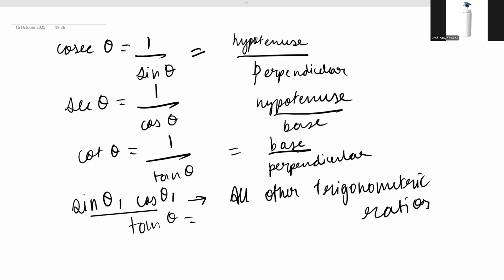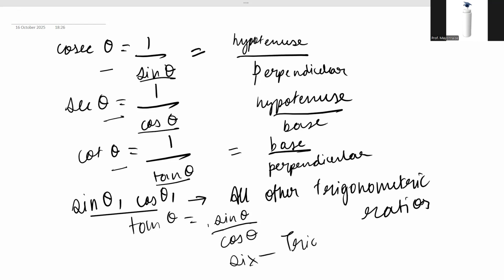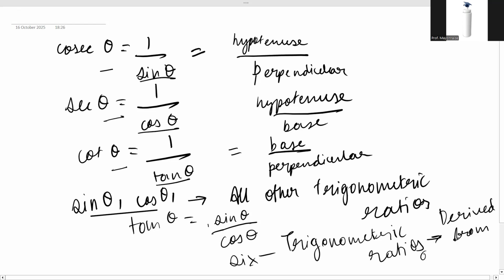Cosec theta is a reciprocal of sine theta. Sec theta is a reciprocal of cos theta. Cot theta is the reciprocal of tan theta. So here you have it. These are the six trigonometric ratios derived from a right-angled triangle.